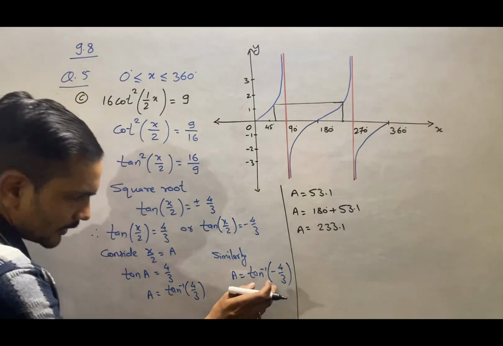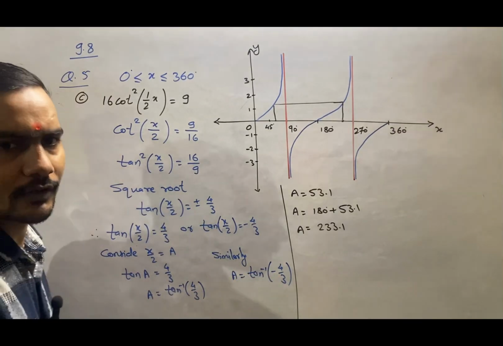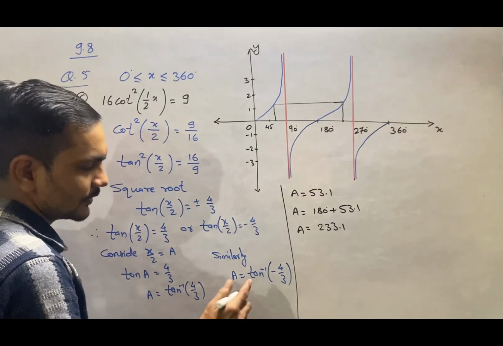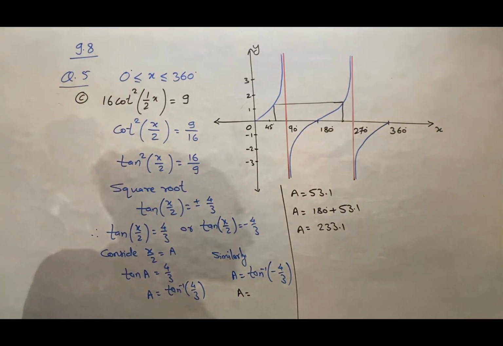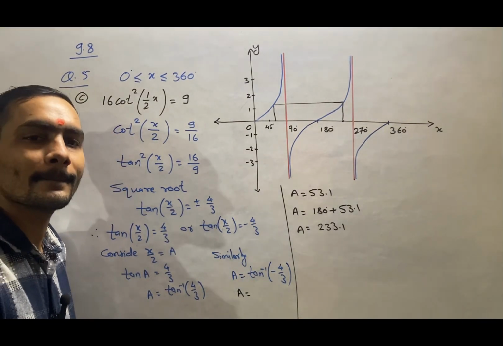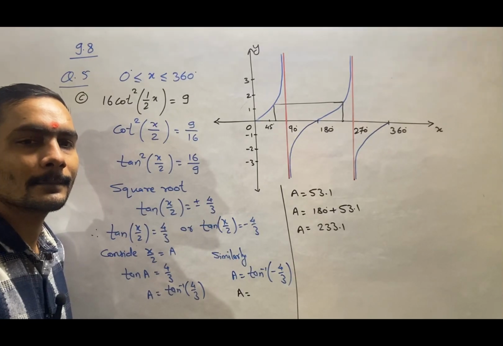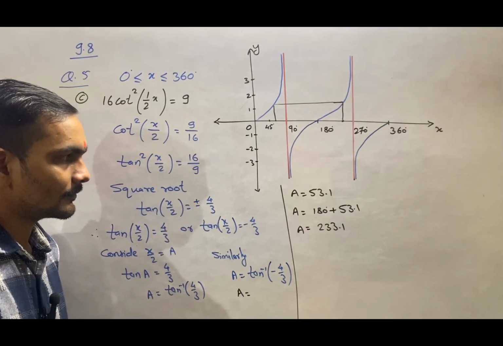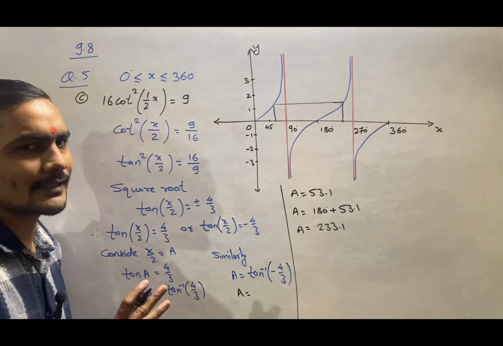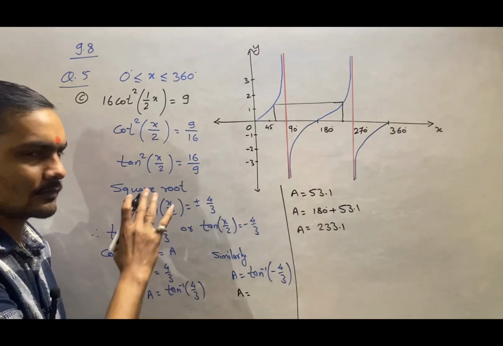Okay, now let's find a equals tan inverse of negative 4 over 3 using the calculator.